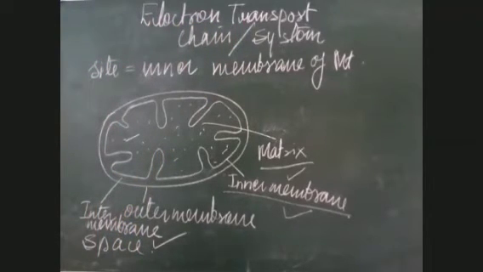Now children, let me know whether you have understood where in the mitochondria this process takes place. I want your response. Is it clear till here, or do you want any repetition? Yes children, I want your response quick. You can send me messages.